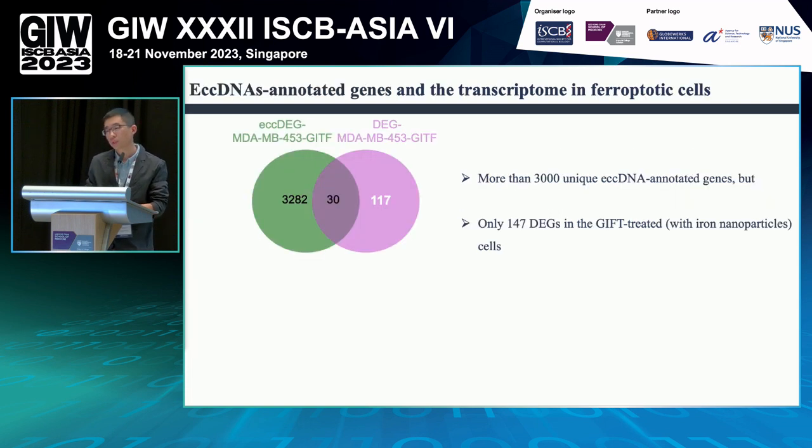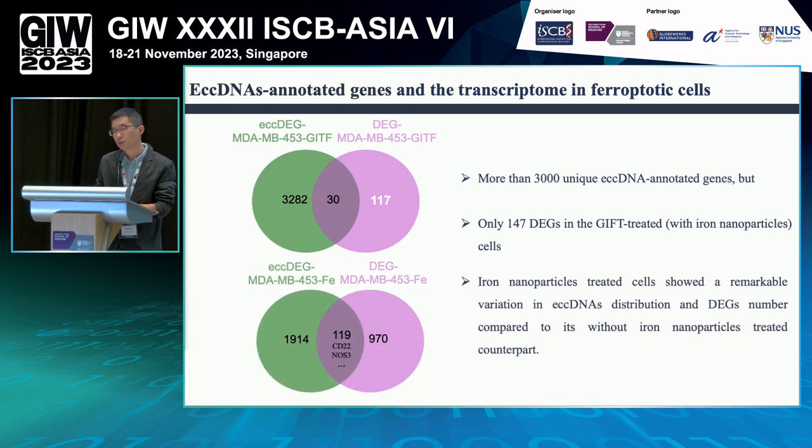So we then analyzed the amount of common genes between DEG and eccDEG, and found more than 3,000 unique eccDNA annotated genes, but only 147 DEGs in GIFT-treated cells.